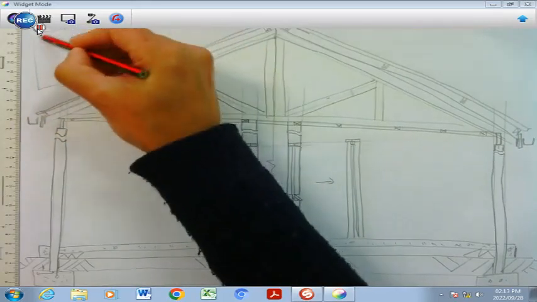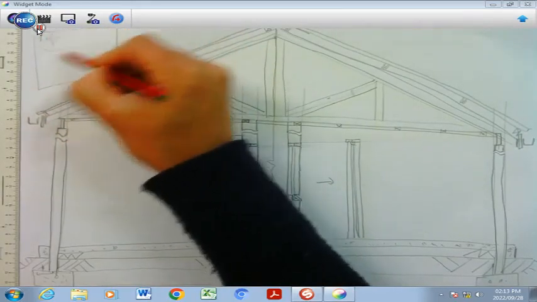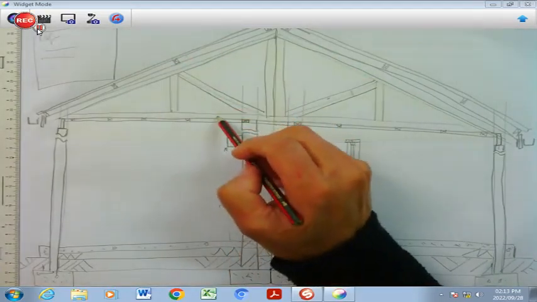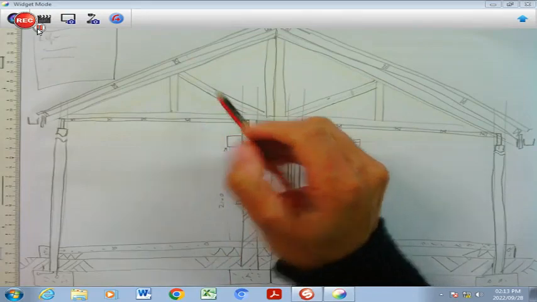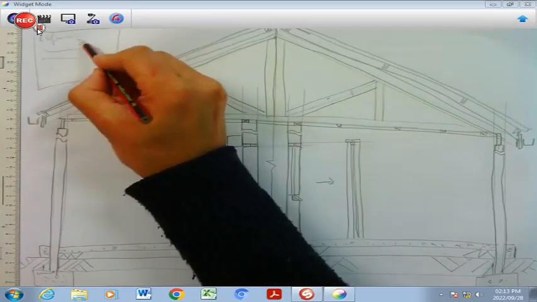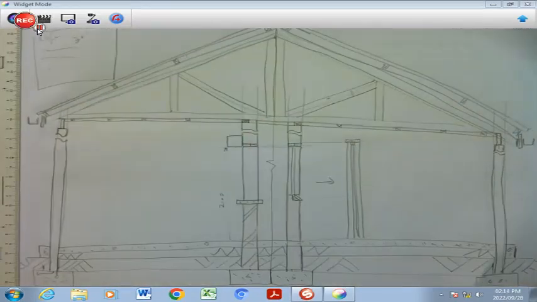So here in this space here, I will have roof notes, where I'm going to indicate all the different components and the sizes of the roof wood that we will be using, as well as the roof pitch, which is going to be in this case 30 degrees.